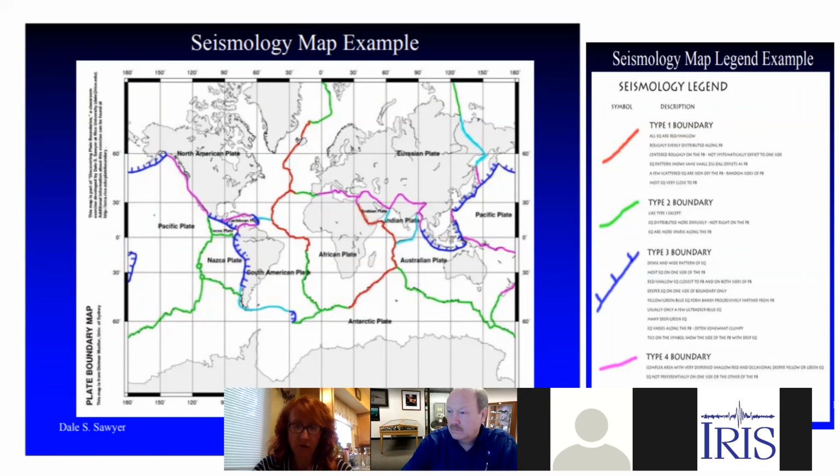This sample is included in the Discovering Plate Boundaries materials that you can access through that website that is in the slides, which I'll share with you. You can see what's in the descriptors a little better in that. But this is just an example of a product that students would end with.